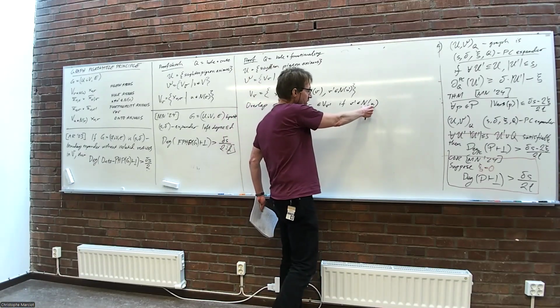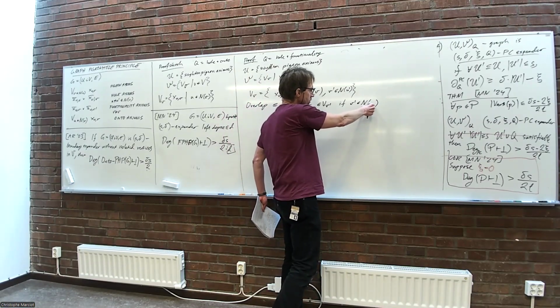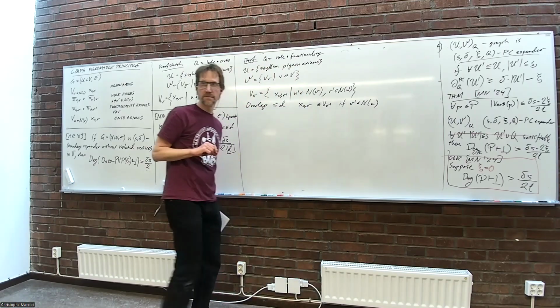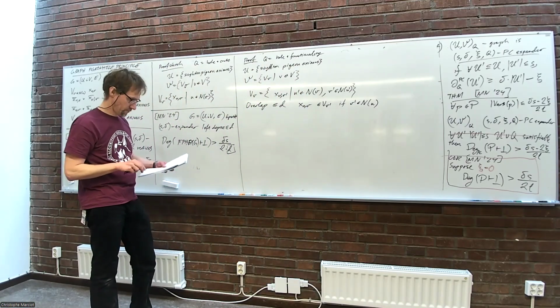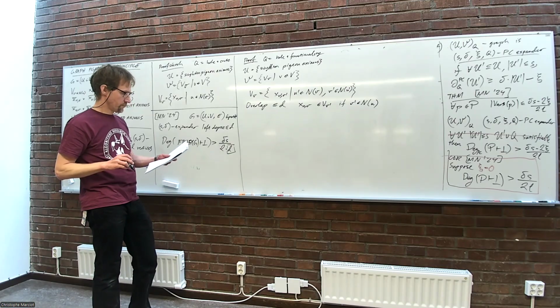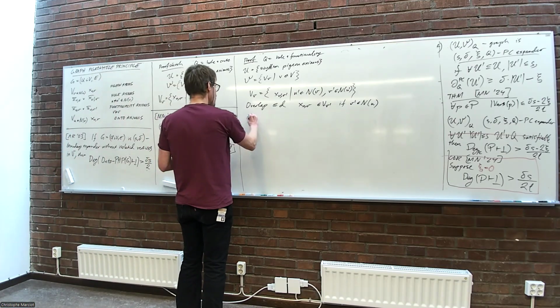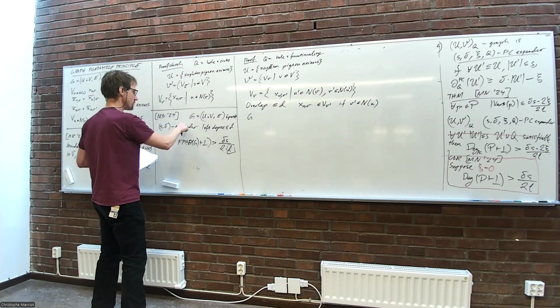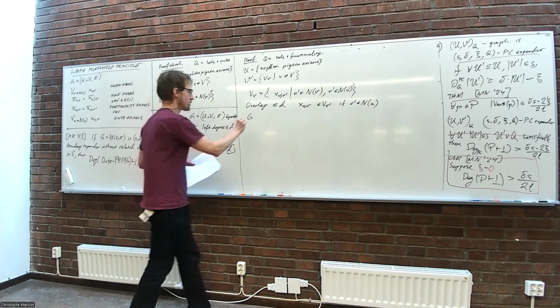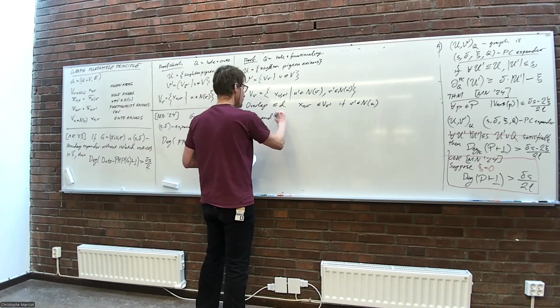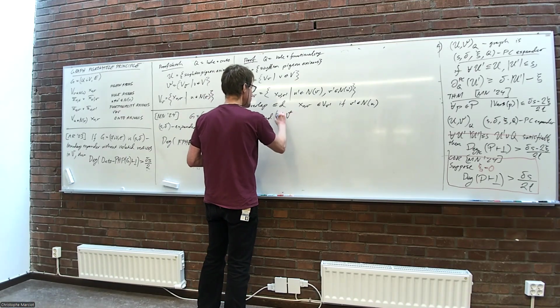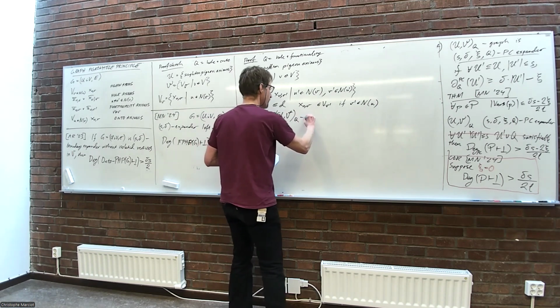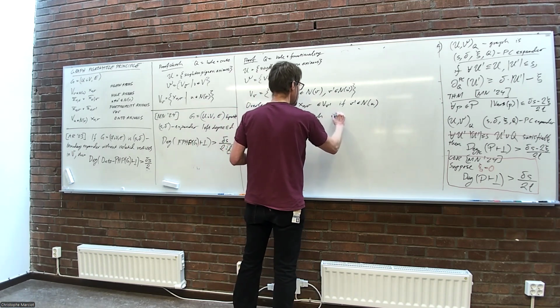And how many such holes are there? At most d. Okay. Now I claim that the graph G here and the UVQ graph are the same.